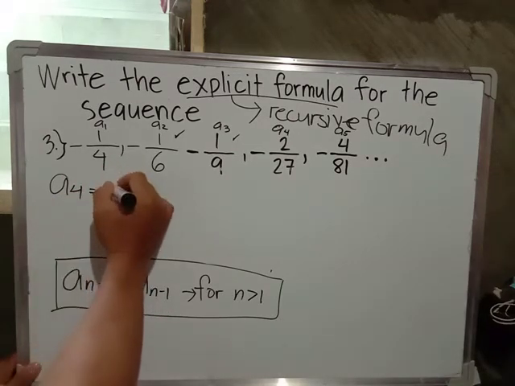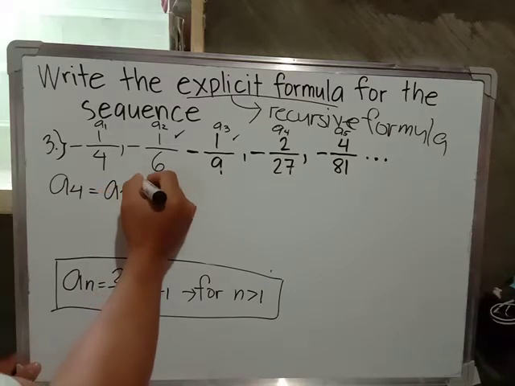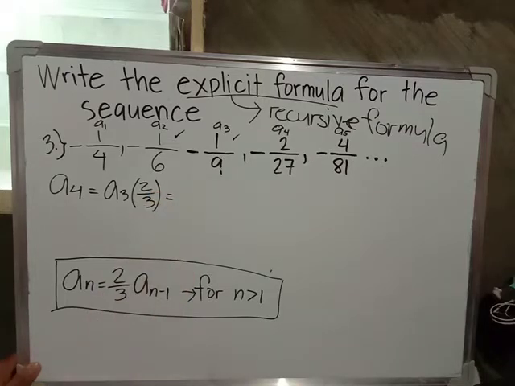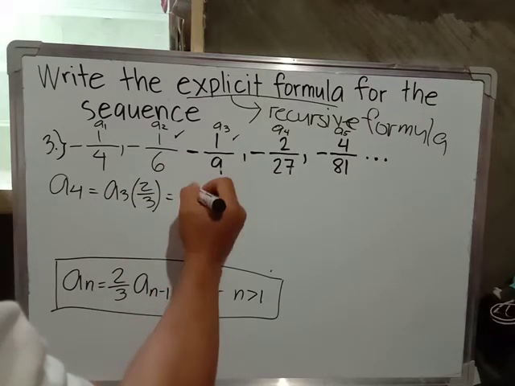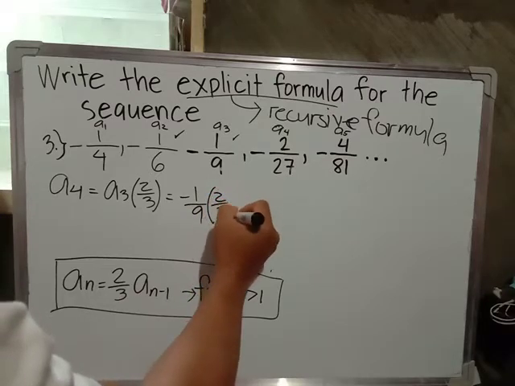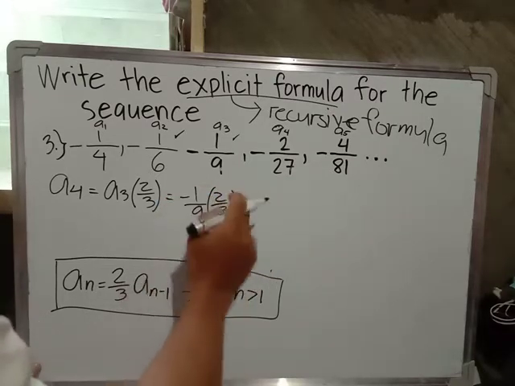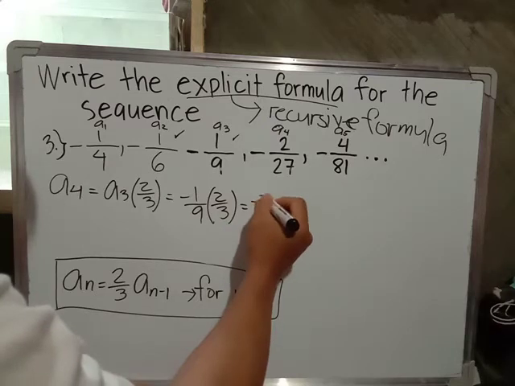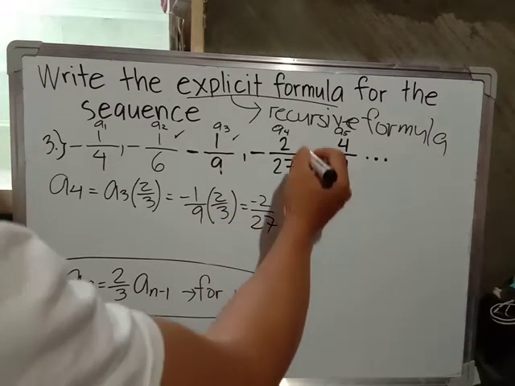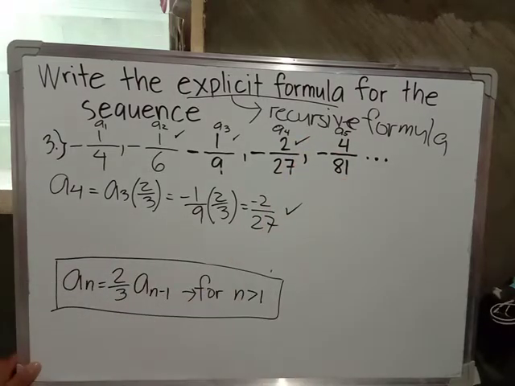So, E3 natin times 2/3 equals, ano bang E3 natin is negative 1/9 times 2 over 3. Equal to, negative 1 times 2 is negative 2. 9 times 3 is 27. So, tama po tayo sa E4.